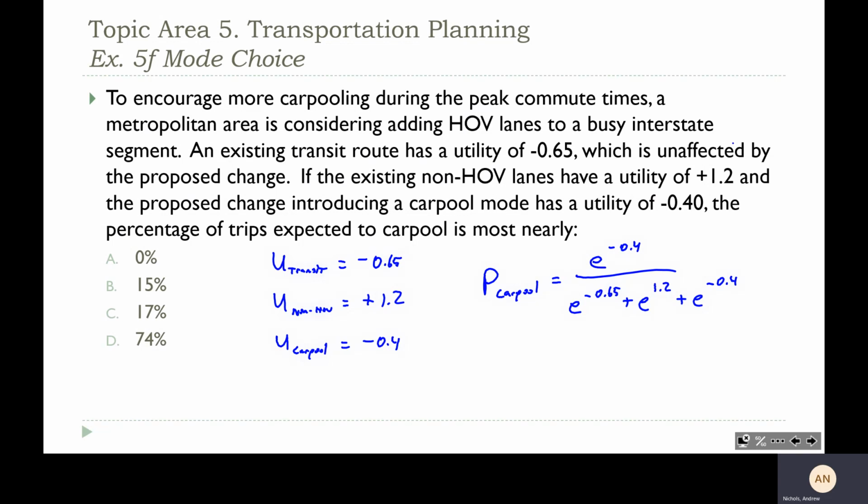We have to take into account all three choices when we're calculating the percentage of trips that will be made by carpooling. All right, so that is 15%. So that would be answer B.